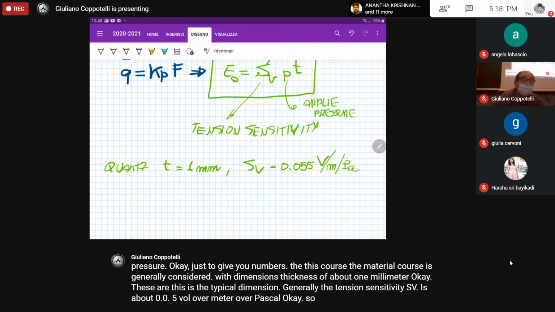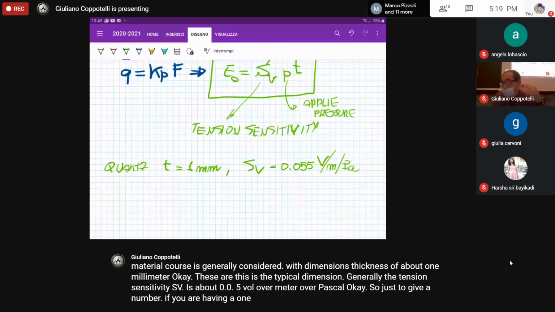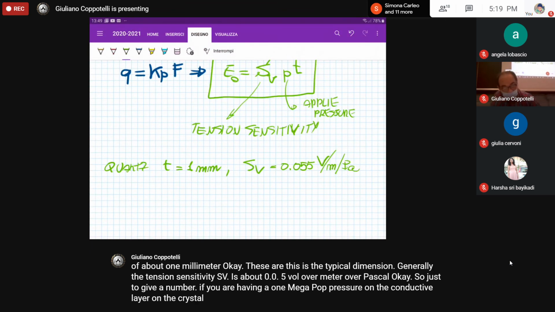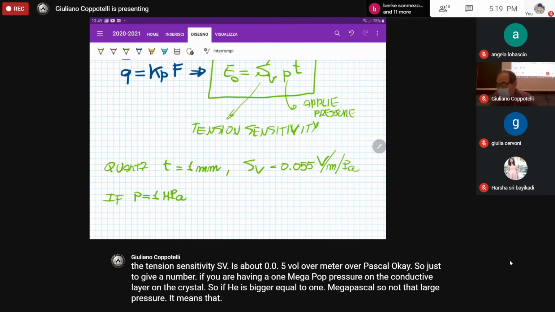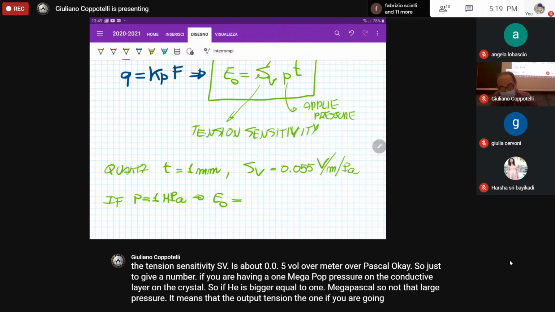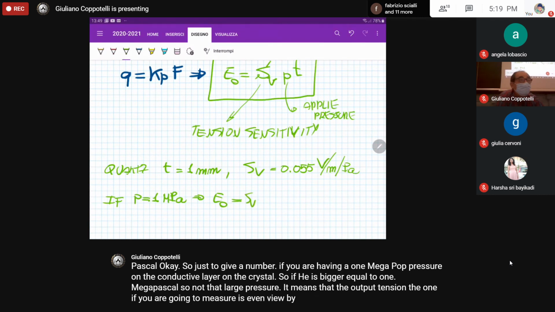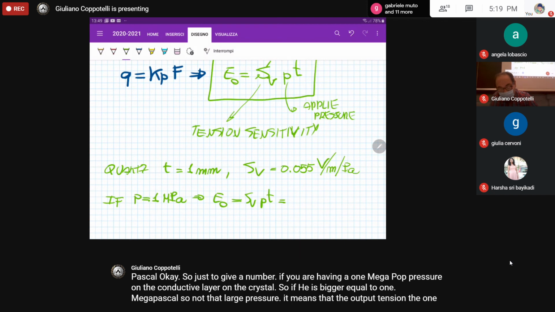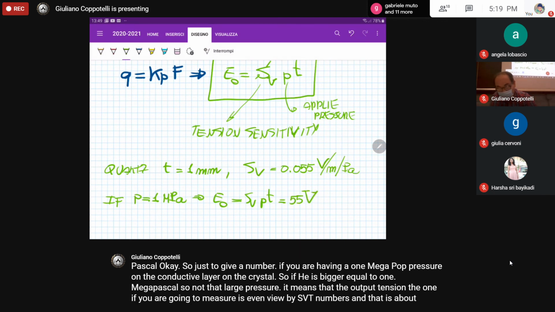Just to give you a number, if you have a 1 megapascal pressure on the conductive layer on the crystal, so P is equal to 1 megapascal, not that large a pressure, it means that the output tension, the one that you are going to measure, is given by S_V times P times T, and that is about 55 volts.